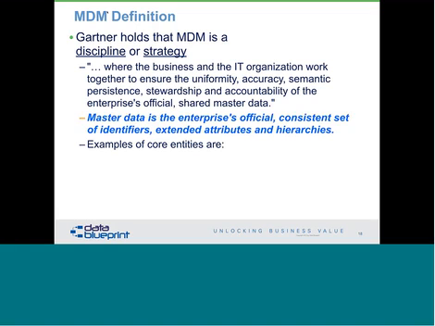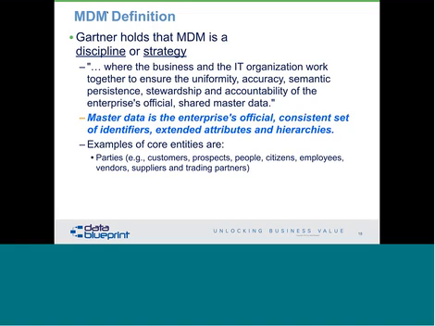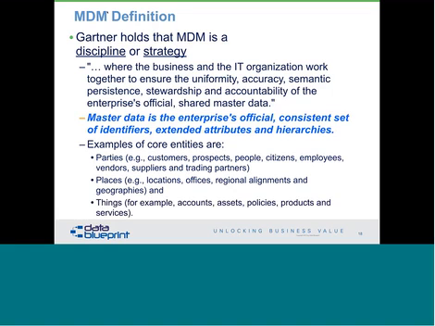And the core parties, as you might imagine, are the customers, the prospects, the people, the citizens, the employees, the vendors, the suppliers, the trading partners, the things that are important to your organization, understanding them; the places, the locations, the offices, the regional alignments, the geographies; and the things, accounts, assets, policies, products, services, that are important to your organization, and more importantly, that if they are not managed well, you will have a challenge around this, and many organizations experience this challenge.